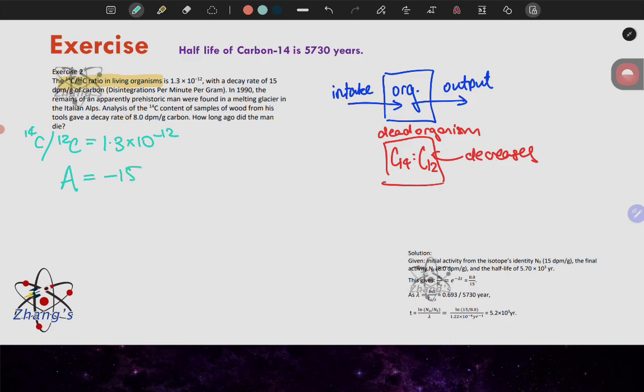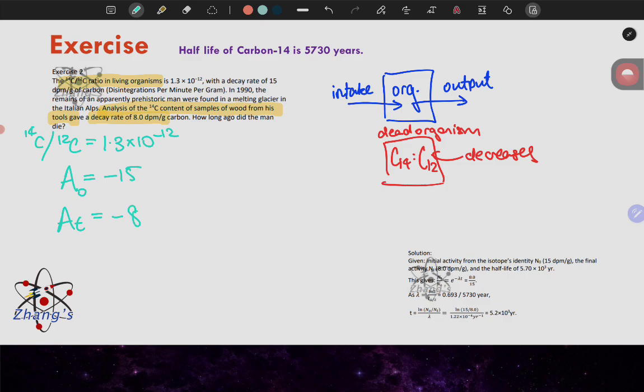And what we find is that the analysis of the carbon-14 content of samples of wood in his tools gives a decay rate of 8 dpm per gram. So that means at A0, which is initially when this wood is still in a tree, it's negative 15. And then once we find it now at AT, at time t, where t is the time we're trying to find, it is now only -8, right?